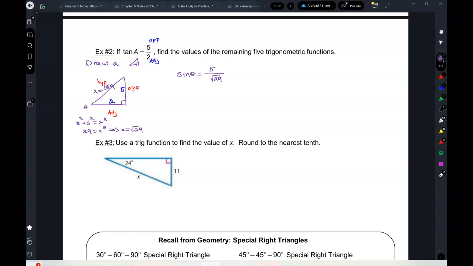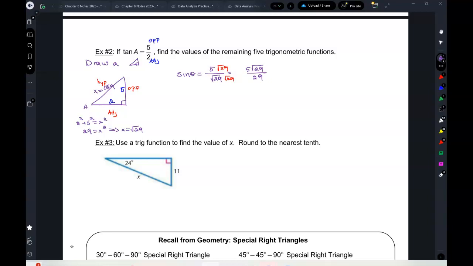But when I rationalize the denominator, what does that turn into? I multiply by root 29 on top and bottom. So that will be 5 root 29 over 29.